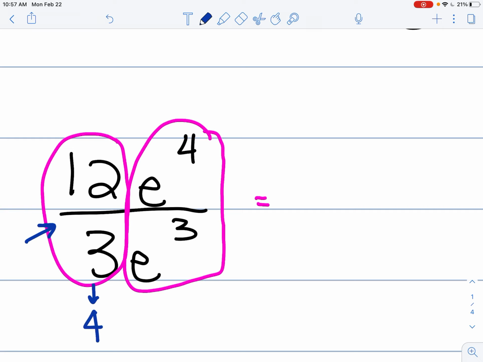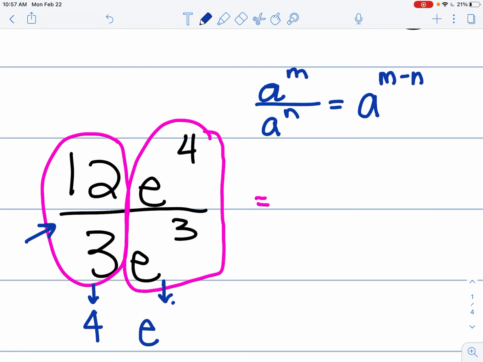And e to the 4 over e to the 3, remember in our properties, when you have some number to the m exponent over the same number to another exponent, we keep the base and subtract the top minus the bottom exponents. So we keep the e and take the top minus the bottom exponent. We're left with 4 times e to the 1, which is just 4e.